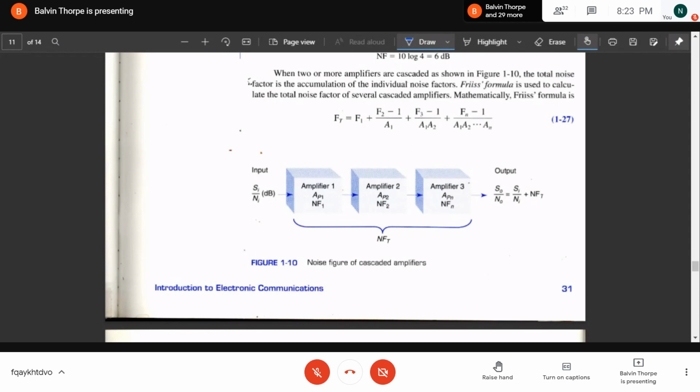Ladies and gentlemen, as you know, sometimes we have to cascade a system in order to get higher gain, which means that we take the output from one system to become the input to another.